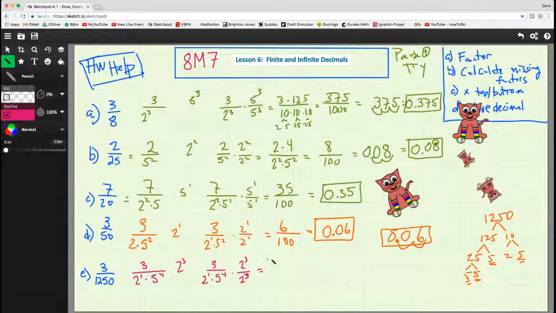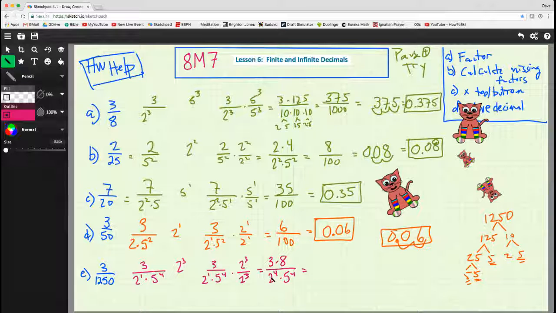So on top, we got 3 times 8. And on the bottom, we have 2 cubed times 2 to the first is 2 to the fourth times 5 to the fourth.